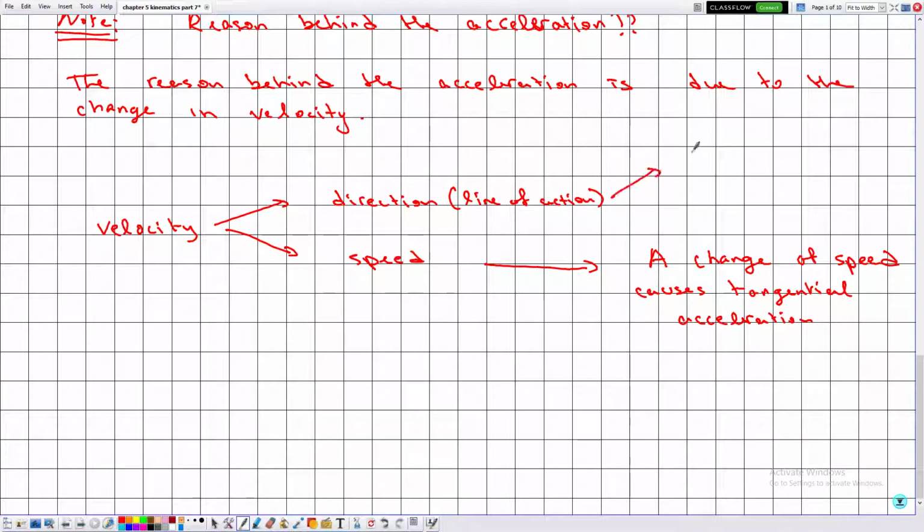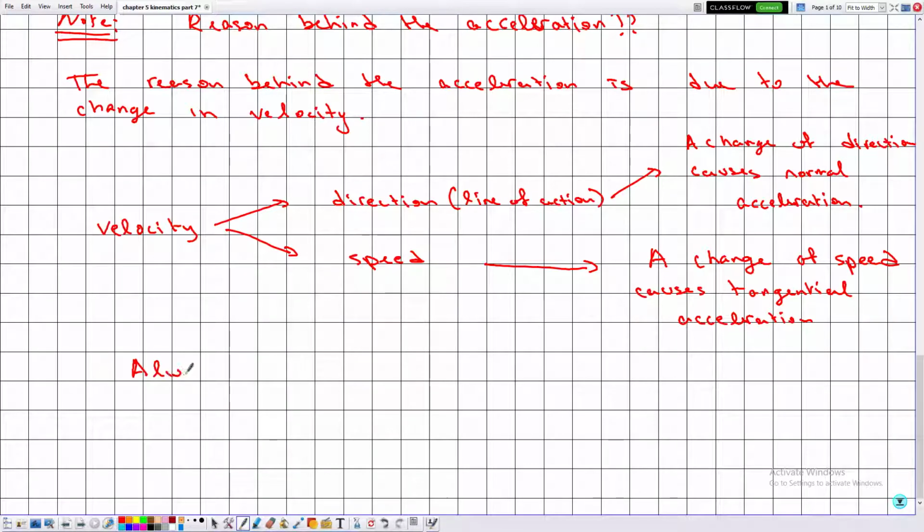A change of direction causes normal acceleration. So always the change in velocity causes acceleration. Okay, let me write them down, because they are very important.